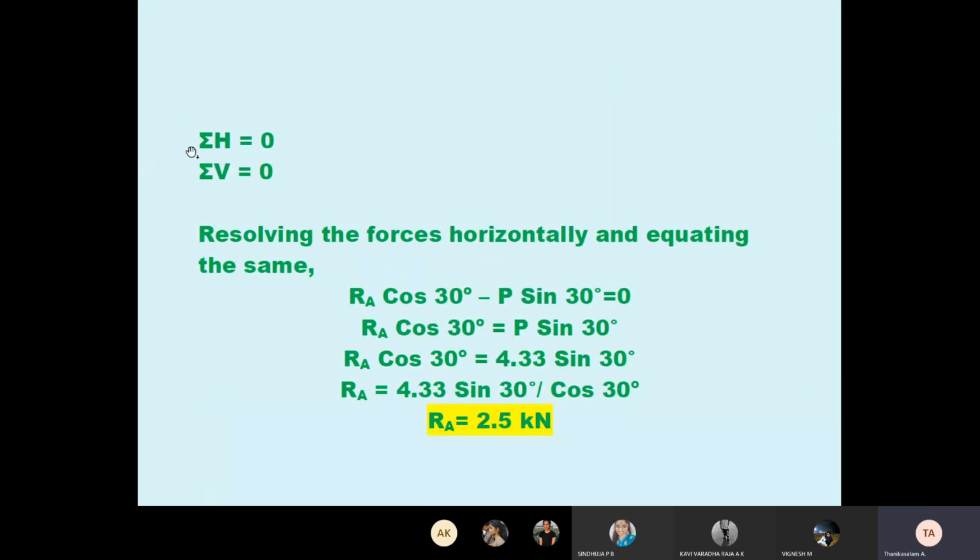By assuming the given body is in equilibrium. For the equilibrium condition, we know there are 3 equations for a rigid body. The moment equation was already used, so we already calculated the P value. Therefore P equals 4.33, and RA equals 4.33 sin 30 divided by cos 30. RA equals 2.5 kN.